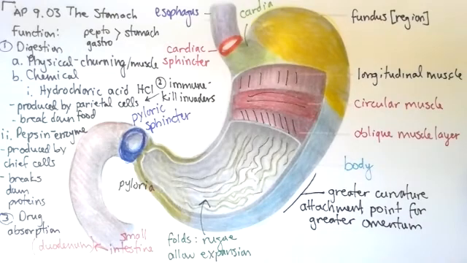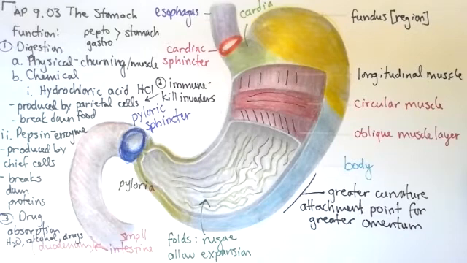We can absorb water, alcohol, and simple drugs like aspirin. Not all drugs, but some. Most of our absorption, though, is going to take place in the small intestine.